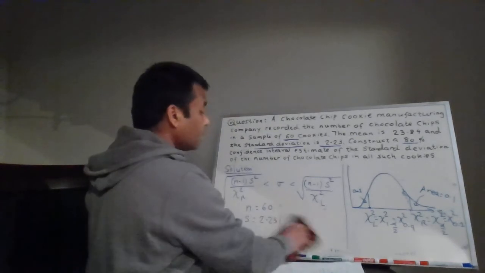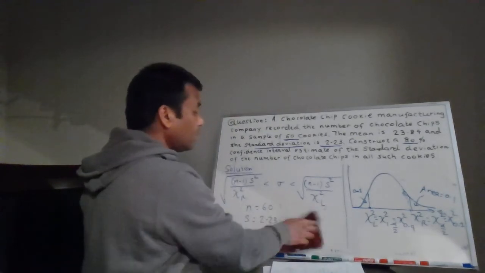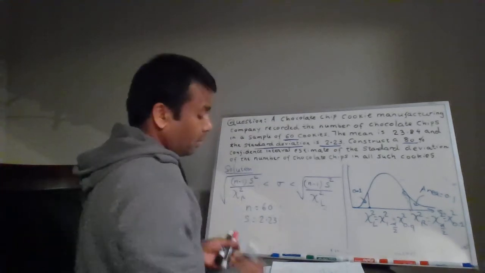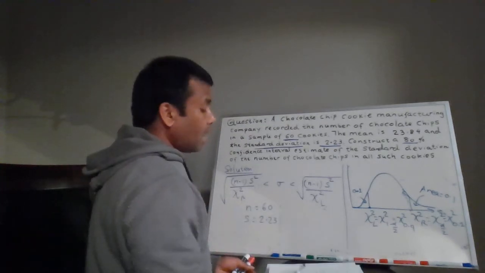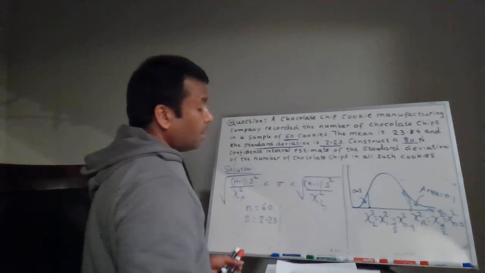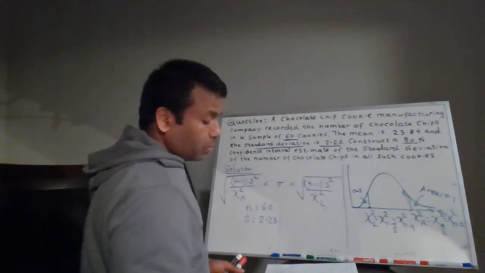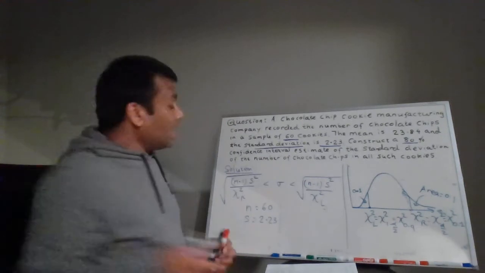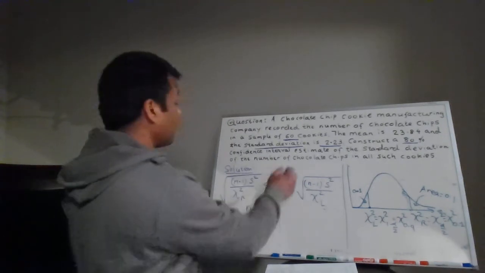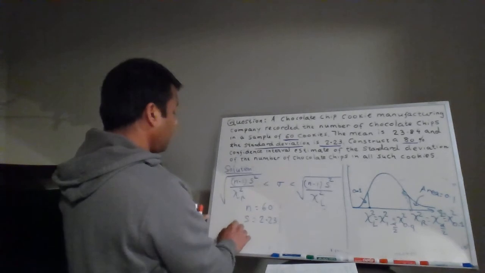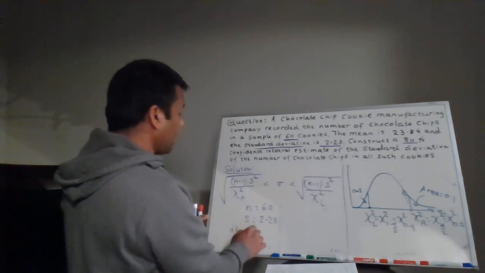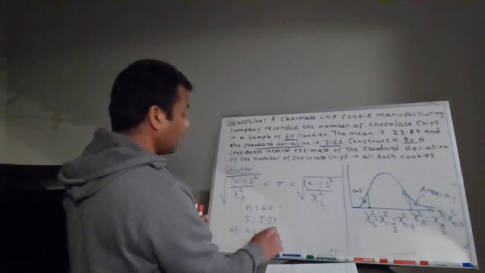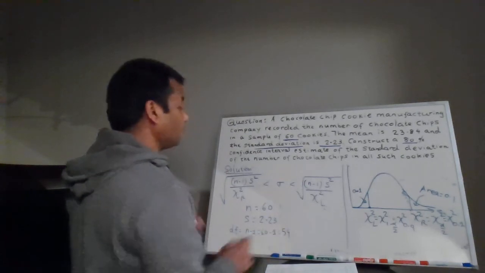Okay, now if you look at the chi-square distribution table, you can find the values. The degree of freedom here is n minus 1, which is 60 minus 1, equals 59.